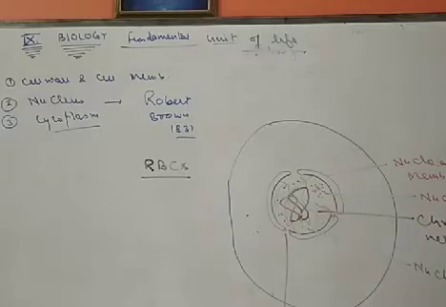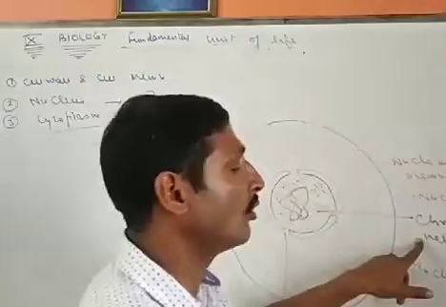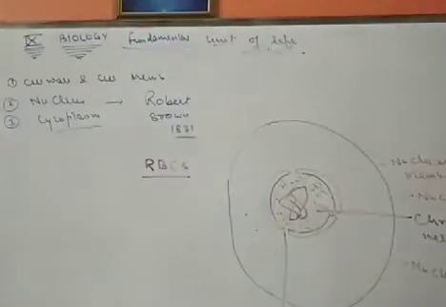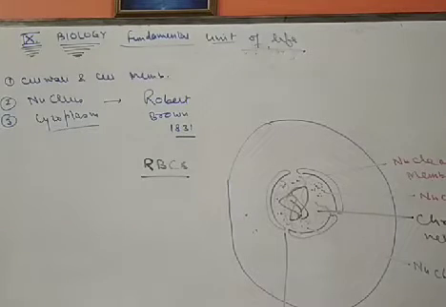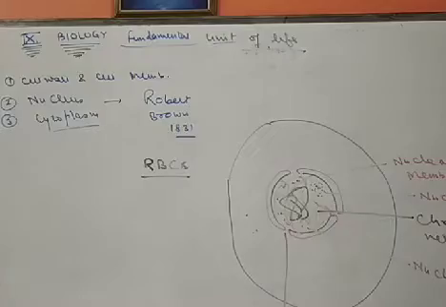The second function is due to the presence of the chromatin network, which contains chromosomes over which there are genes and DNA, which is the carrier of hereditary information from parent to offspring. Nucleus has genetic information in it, and it controls cell division.